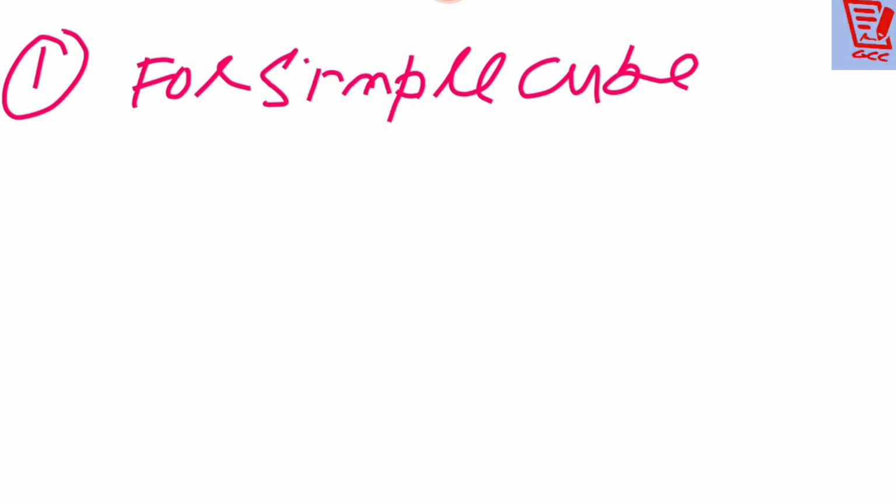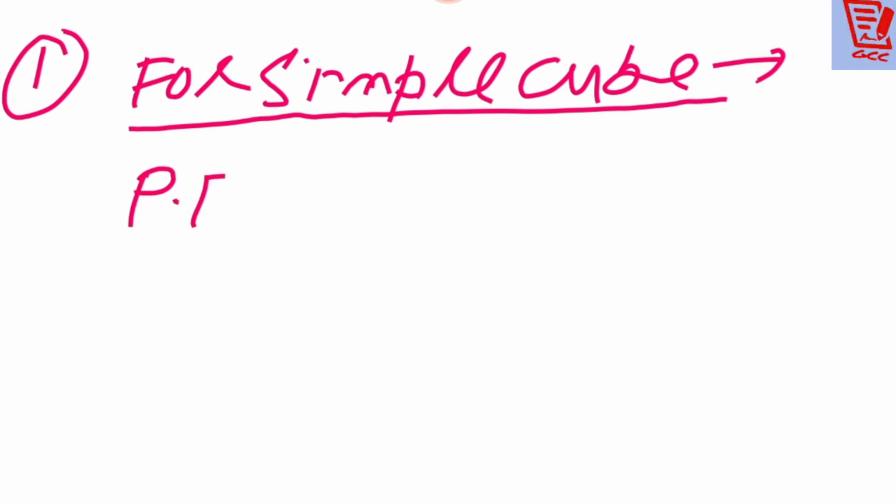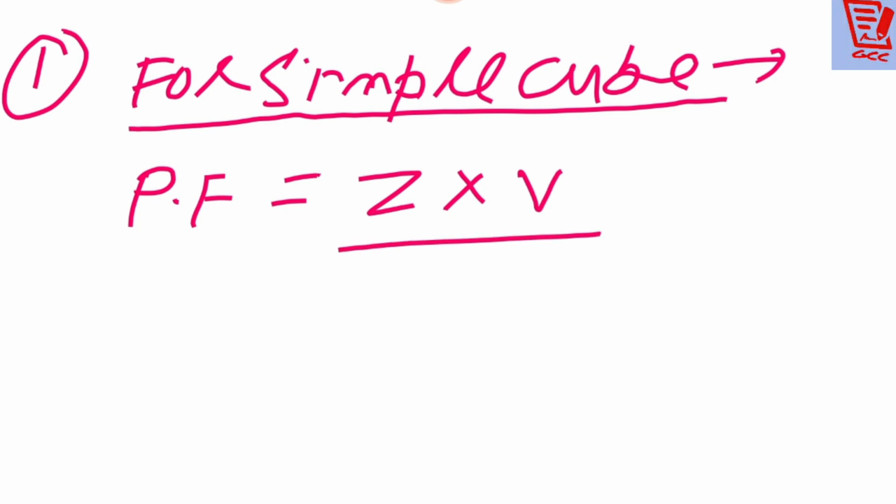For the simple cube, I hope that on that day we found the relation between edge length, radius, and the distance. So for the simple cube, the formula for the packing fraction is z into volume occupied by the atoms upon volume of cube into 100.